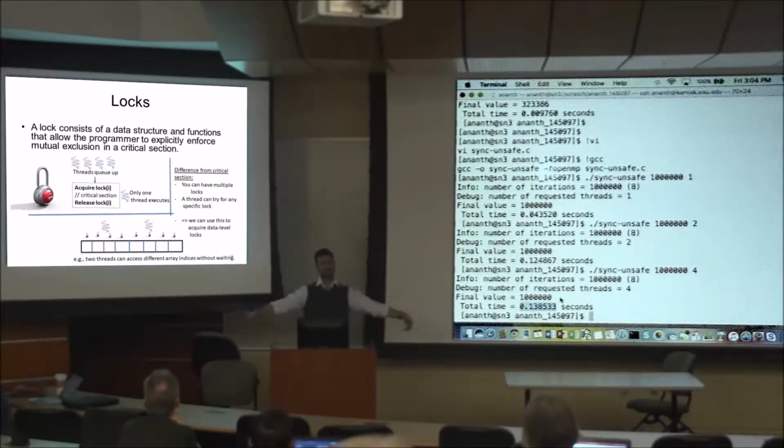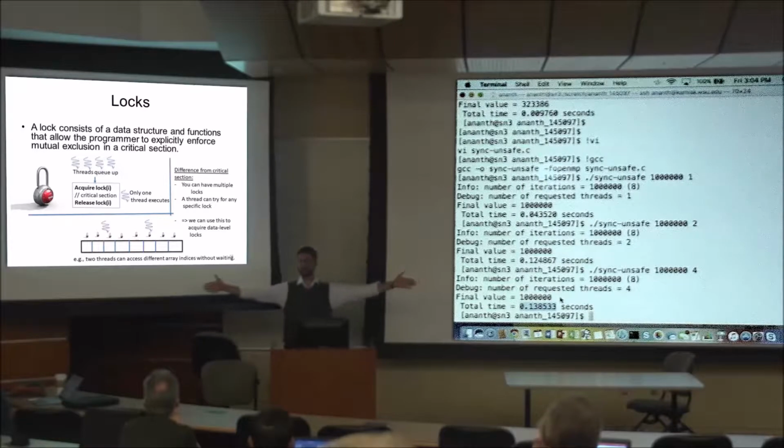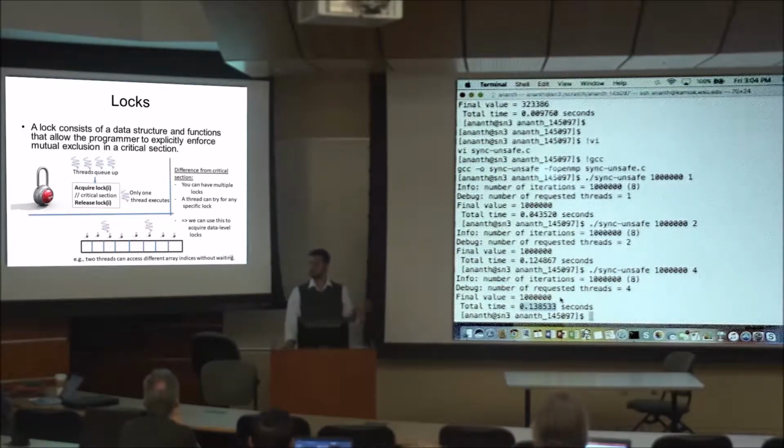They can concurrently update because they are updating two different locations, even though it's coming from the shared variable A, my array. If I put a critical section, I'm basically placing a lock on the entire array. I'm saying only one thread can access any index of my array at the same time, which means all the threads queue up and you slow down the performance.